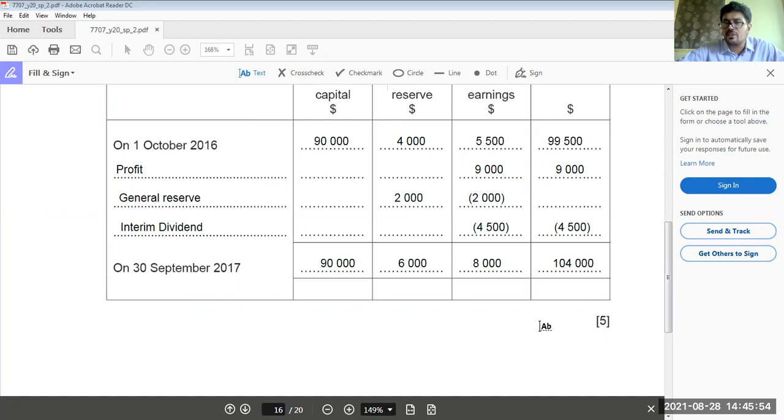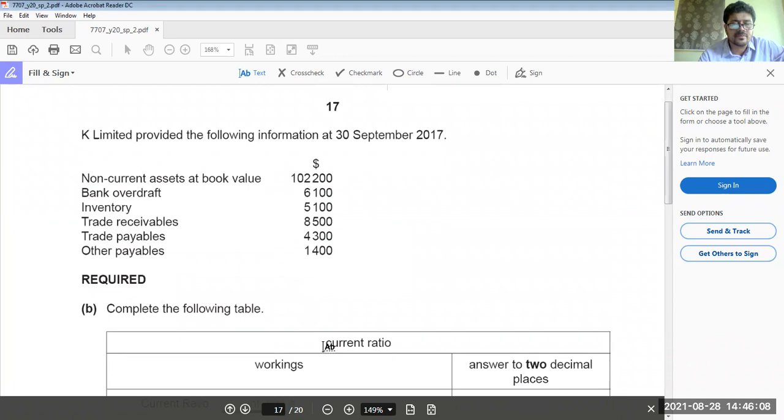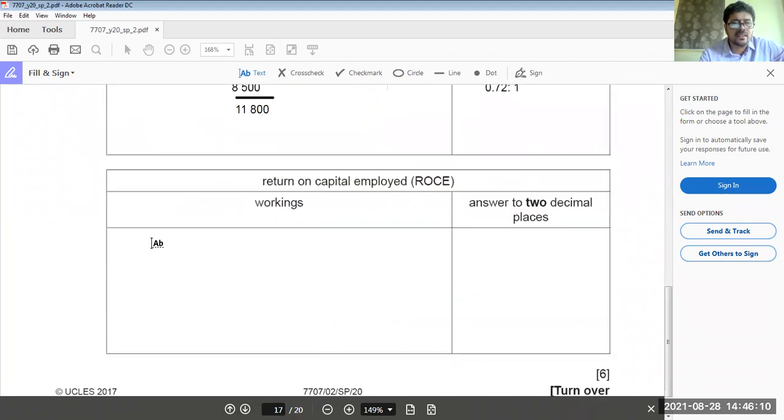Because long-term liabilities are not given in this question, it means we take only shareholders' equity 104,000 as capital employed, and the profit is 9,000. So what we are going to write over here? ROCE, return on capital employed: returns divided by capital employed.